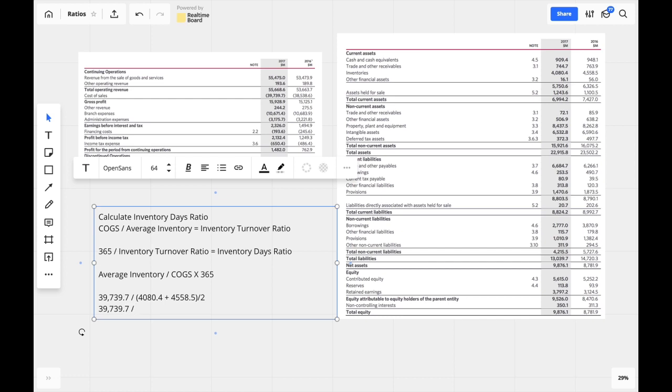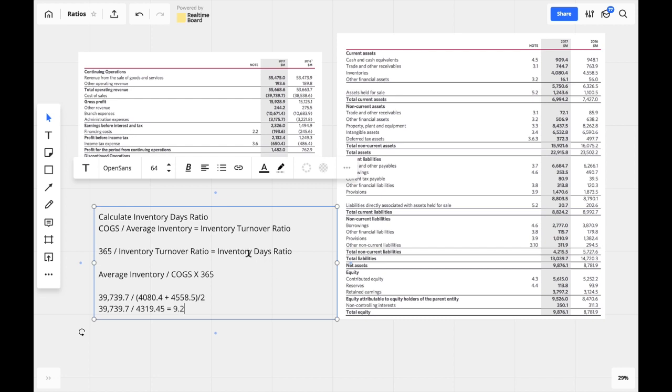Now we work out our average inventory: 4080.4 plus 4558.5, divided by 2, works out to be 4319.45. To work out the inventory turnover, we take 39,739.7 and divide that by 4319.45, and that equals 9.2.